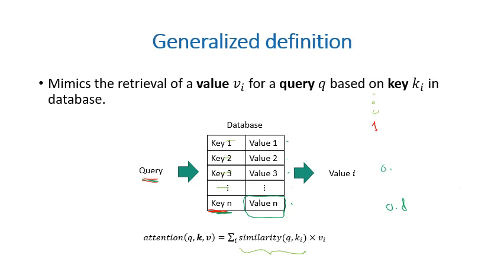This is 0.1, and this other one is 0.1, and others are 0. Again, if you take this summation here, you have a weighted sum of values of keys that have some sort of similarity. So you have a weighted sum of V_i, and weights will be computed by this similarity function, right?